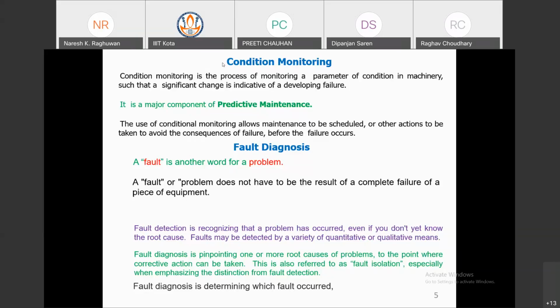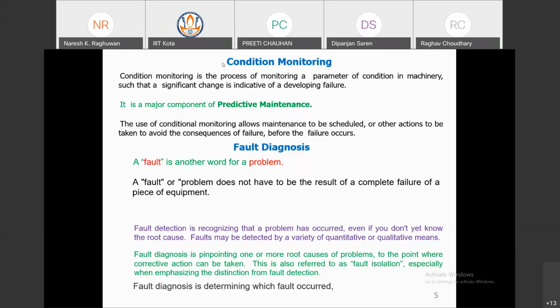And then corrective actions will follow. Suppose in human beings, the doctor finds that something is a problem in your blood, or your blood sugar is high. They know the root cause, and they prescribe some tablets. Like that in the machine, if you find the root cause, what the problem in the machine is, then you will do something accordingly.